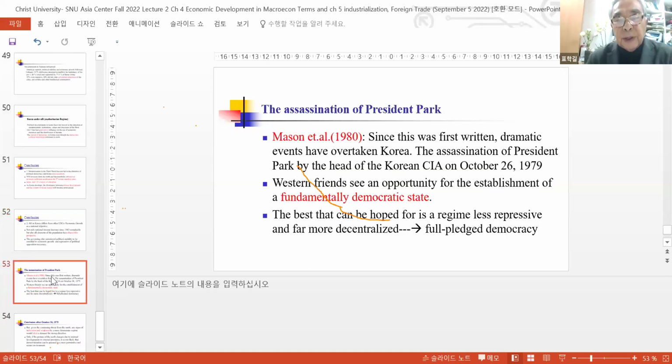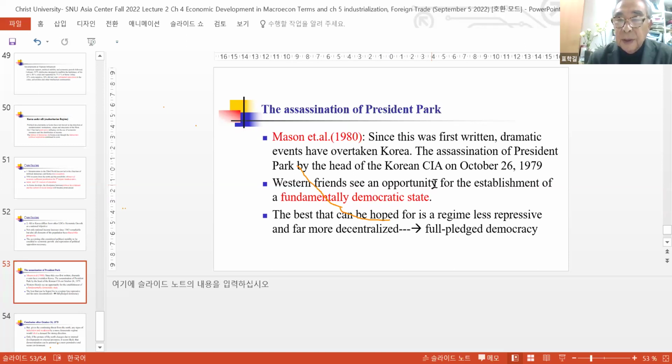So Mason et al. wrote this textbook, and since it was first written, dramatic events have overtaken Korea: the assassination of President Park by the head of the Korean CIA on October 26, 1979. Western friends see an opportunity for the establishment of a fundamentally democratic state from a fundamentally non-democratic, dictatorship-oriented state.